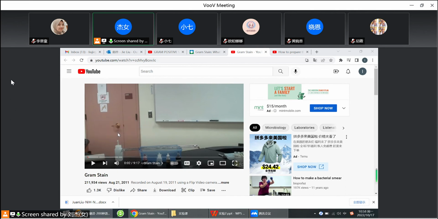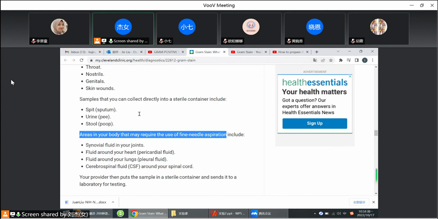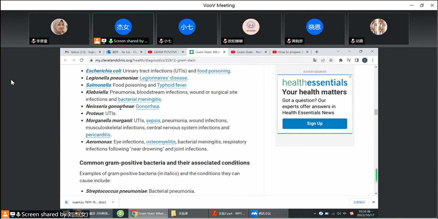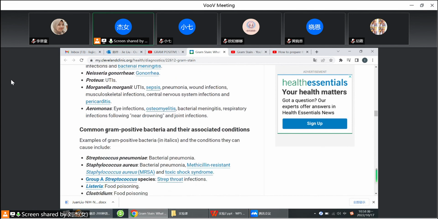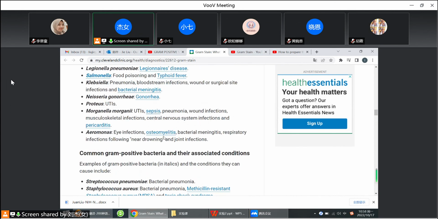This experiment is better to do in the laboratory, because the teacher will capture some common gram-negative bacteria and some gram-positive bacteria in a plate, and then distribute the bacteria to each student, and you will perform the experiment totally by yourself, and finally you will see the result.